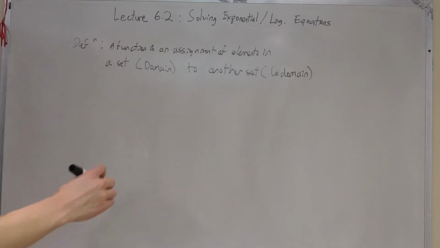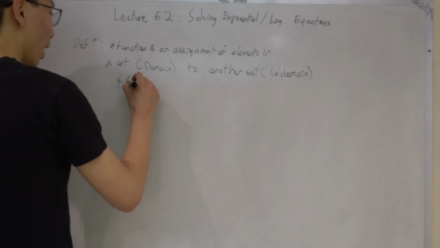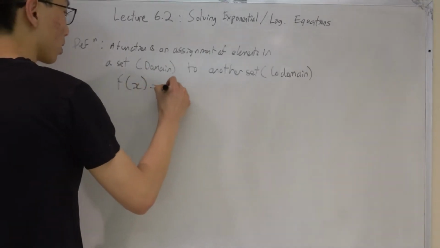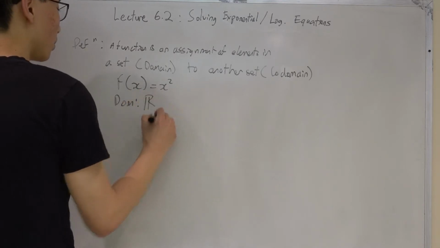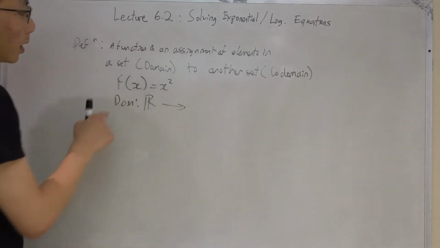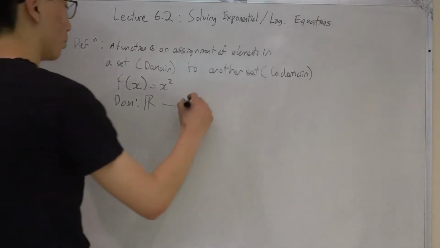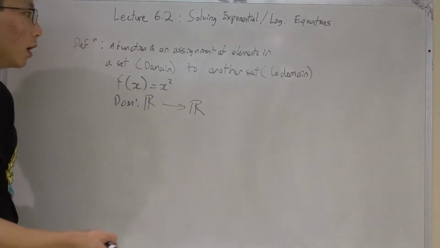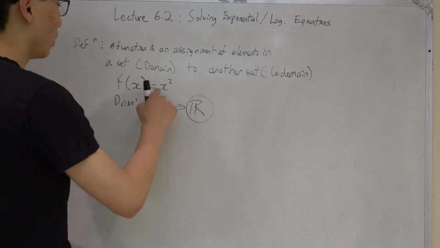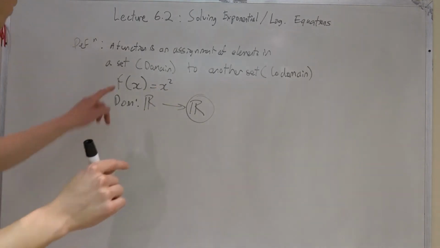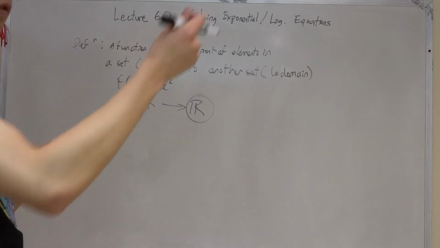So for example, we already know functions like f of x equals x squared. Its domain is the real numbers, and you put in a real number, you get out a real number. Okay? The codomain in this case is still the real numbers. Right? Now, you may be saying, oh, no, hold on. This function only maps to the positive numbers, right?